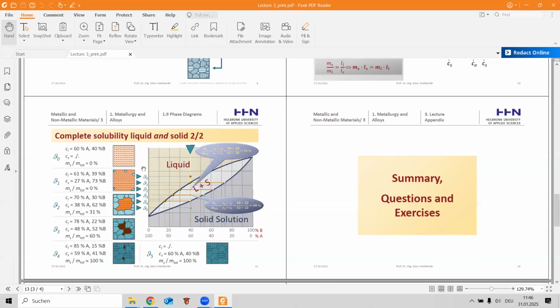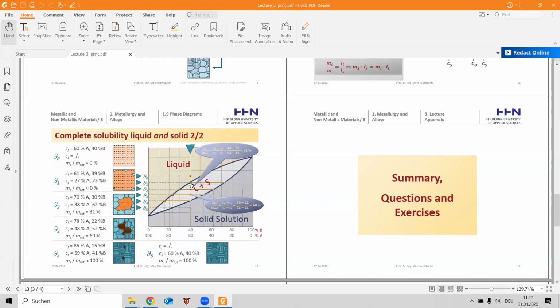Here we have six different temperatures. So for temperature 0, here we have 60% and 40% components, and the mass divided by total mass is 0%.